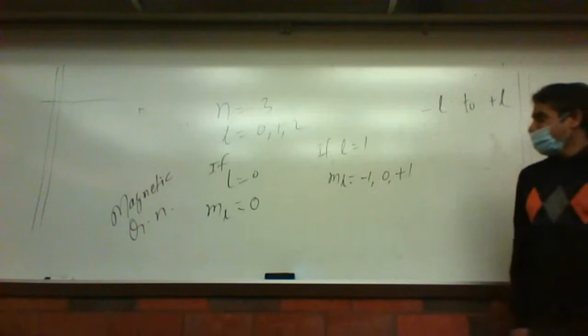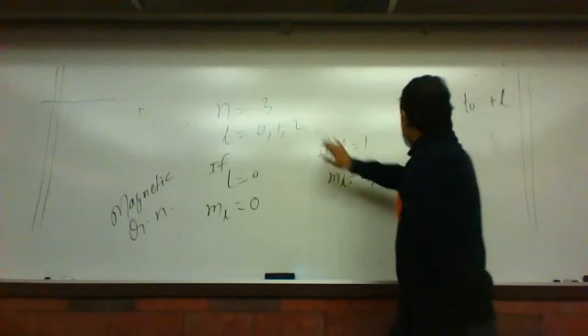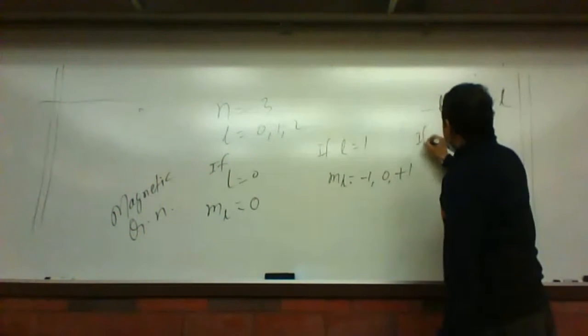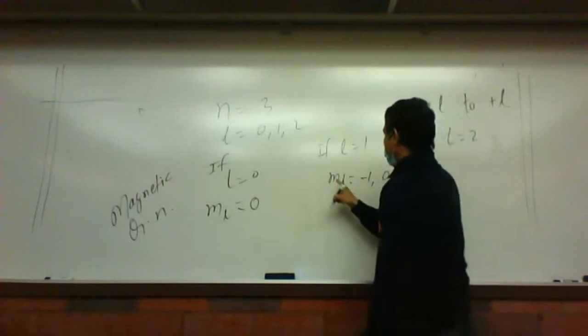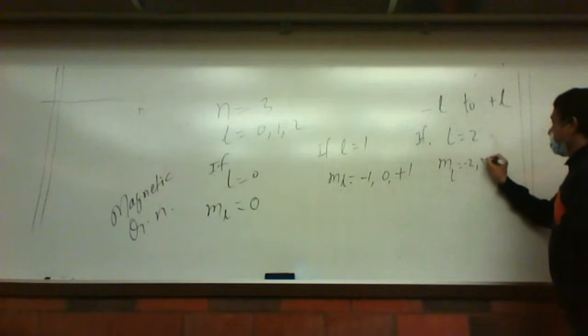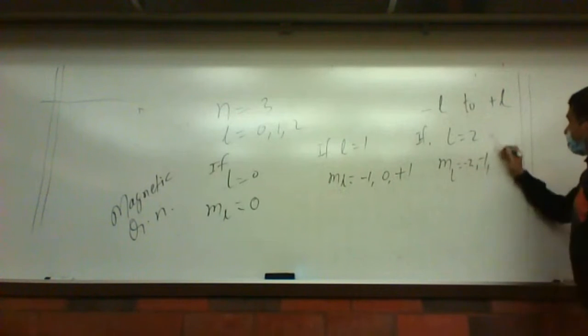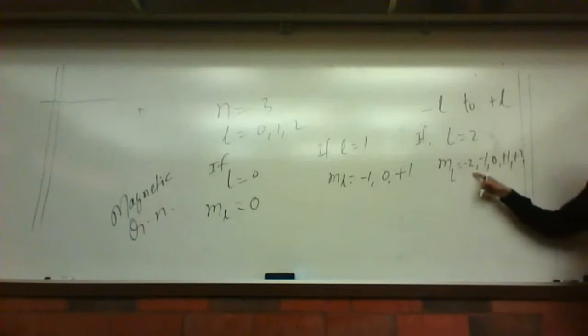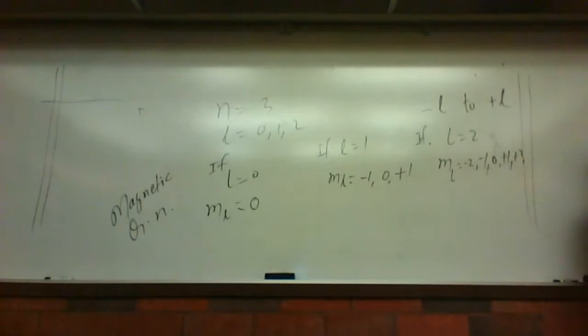So let's say if L is equal to 2, what is the value of ML? ML would be minus 2, minus 1, 0, plus 1, and plus 2, like this. 1, 2, 3, 4, 5. Make sense?